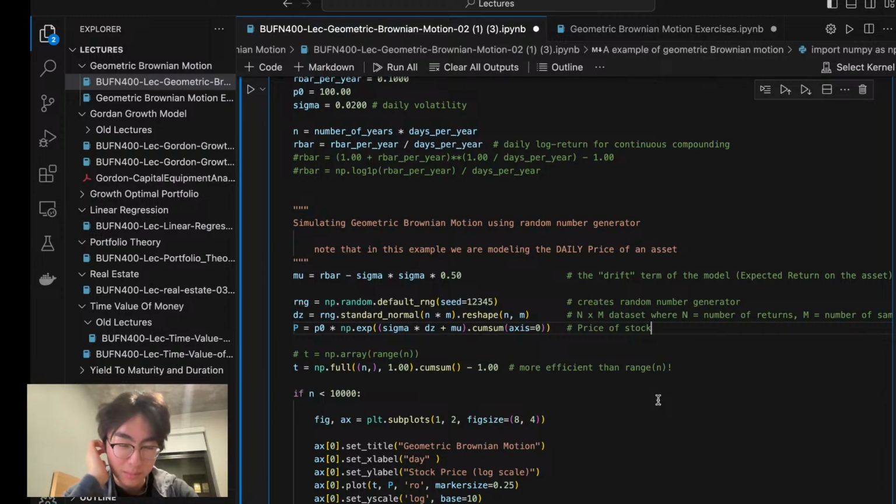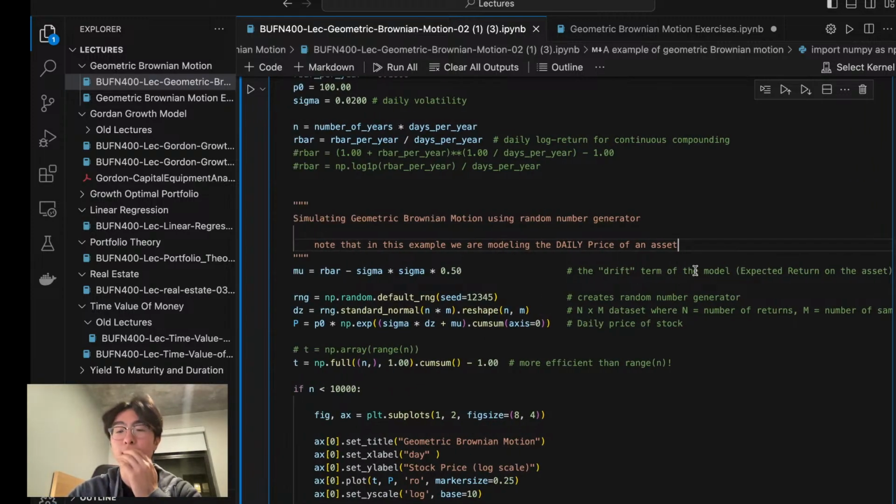All right. So we have the price of a stock, the daily price of a stock actually. So this is the daily price of stock. Price of an asset. Return on the asset. I guess we call this expected daily return on the asset.